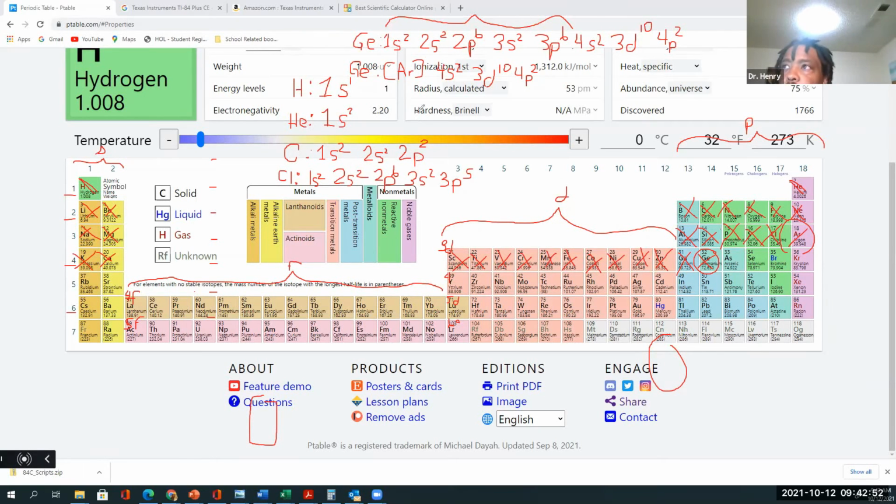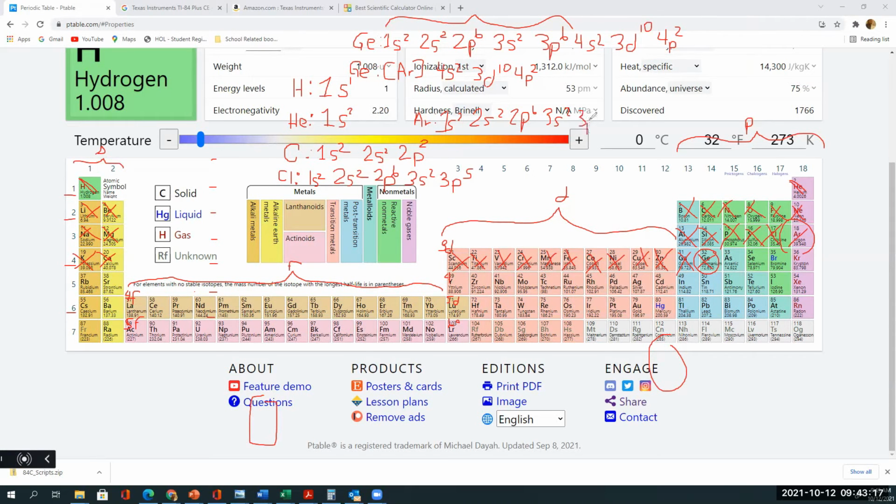If we wrote the electron configuration for argon, it's going to be 1s2, 2s2, 2p6, 3s2, 3p6. And so to make our lives easier and not have to write all of those out, we put them in what we call the core. That's not the only reason. That's part of the reason.